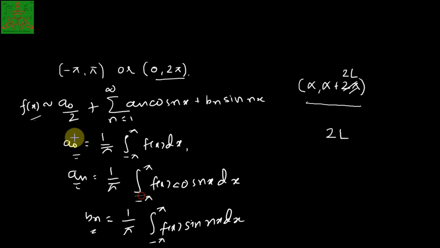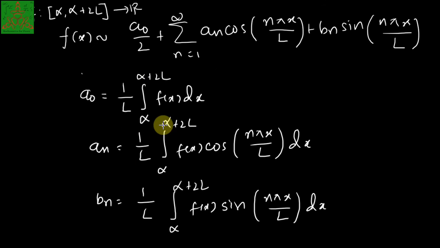In particular, if you want to obtain your previous expression from this expression, you just put alpha is equal to minus pi. If you substitute alpha is equal to minus pi here, then your interval is from minus pi to plus pi, and since it is a 2 pi periodic function, l will be pi here.